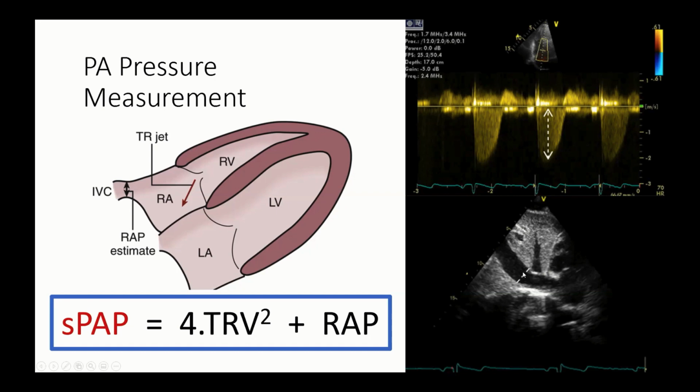You do this by using M mode or by freezing the picture and scrolling back and forth at a point that's 2 centimeters down from the cavo-atrial junction, which happens to be immediately distal to the point where the hepatic vein opens into the IVC. Using inspiration and expiration measurements of the IVC and the absolute size of the IVC at rest, which is end exhalation, you can predict the right atrial pressure, and we'll go over those numbers in a little bit.